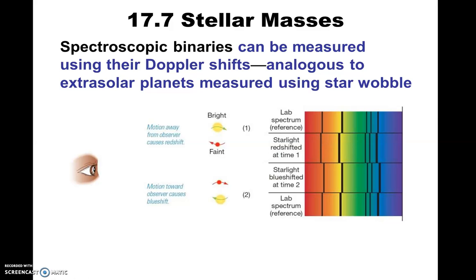Now it's actually much more complicated than that, because the stars are not always going around each other at right angles from our vantage point. They could be at some oblique angle, and you don't necessarily know what the angle is.